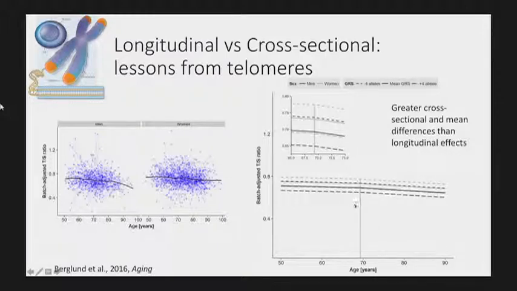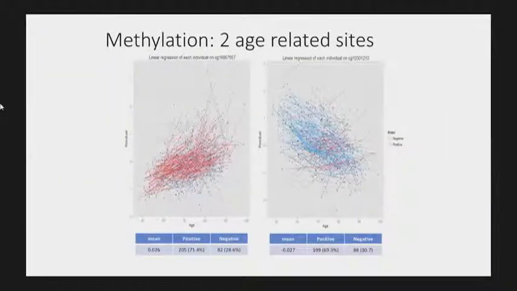And what we can see is that these cross-sectional differences, or mean differences between groups, are certainly much, much greater than the longitudinal changes in the telomere length. So much for telomeres being the important predictor of age that was once touted.